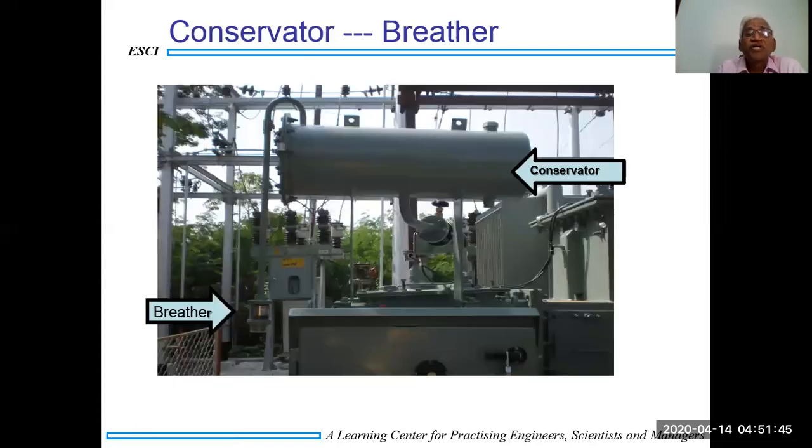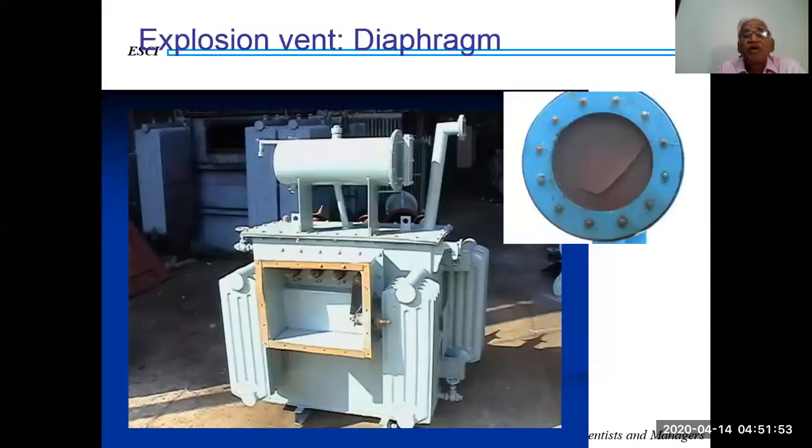Now you can see this conservator, and you have a breather here also. And the explosion vent diaphragm is provided here. The whole assembly is called an explosion vent. Whenever some pressure develops inside the transformer because of a breakdown in the oil, because of a spark, there is heavy pressure developed inside the transformer, and the transformer should not blast.